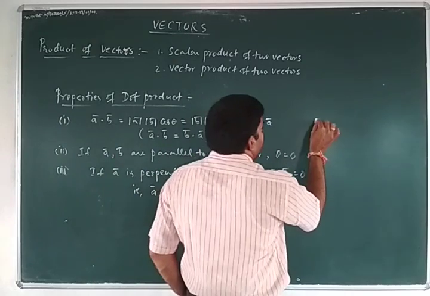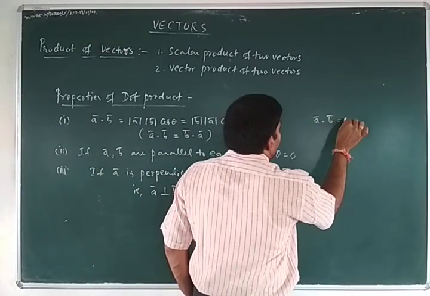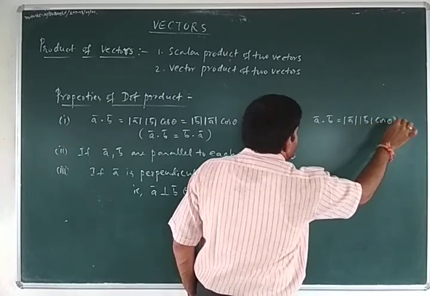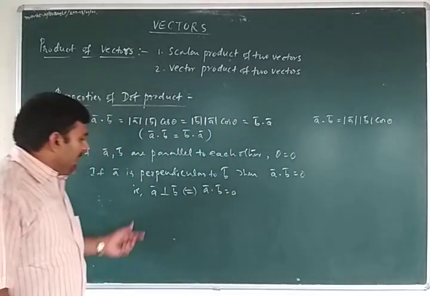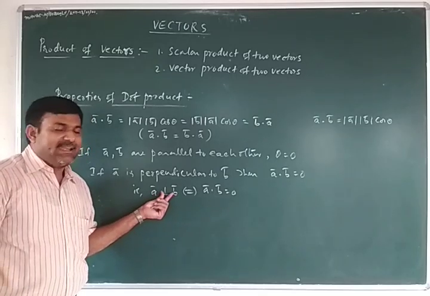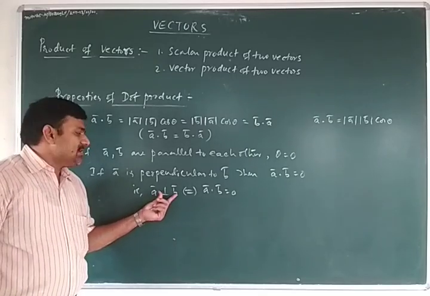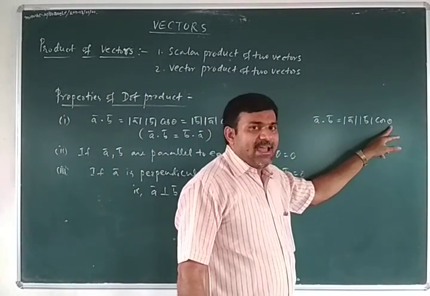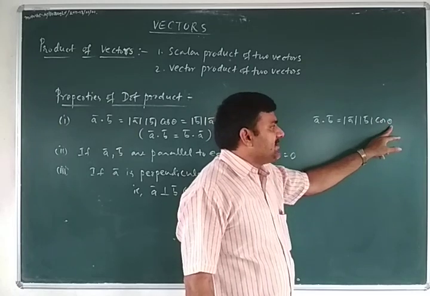We have the dot product of two vectors: A bar dot B bar is equal to mod A bar into mod B bar into cos theta. Suppose the angle between these two vectors A bar and B bar is 90 degrees, perpendicular to each other. So theta is 90 degrees, and cos 90 is equal to 0.